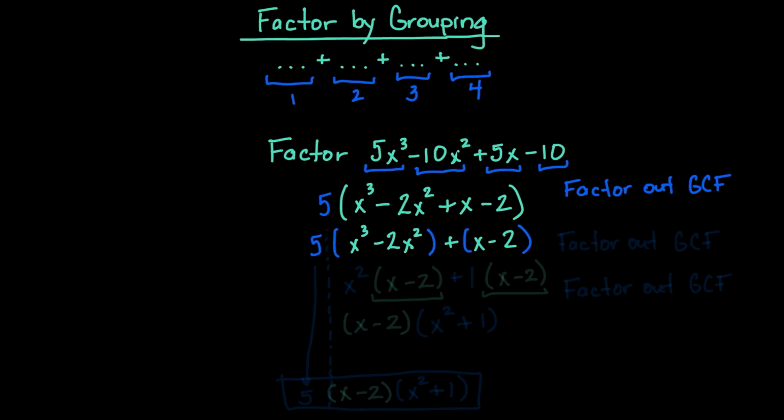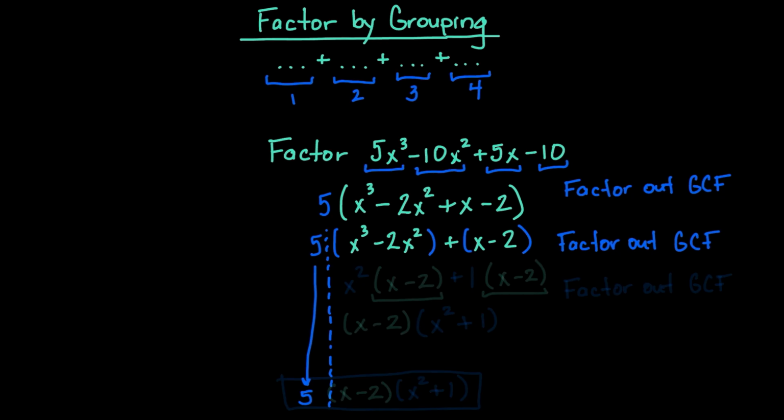Okay, in my first set, what I like to do here is bring this down so the 5 doesn't interfere with my work. I bring the 5 down to the bottom so I don't forget it in my final answer, but then I can focus on the factoring that I'm completing. So at this step, we're going to factor out the GCF of each grouping.